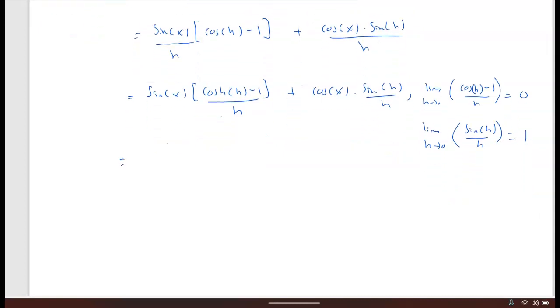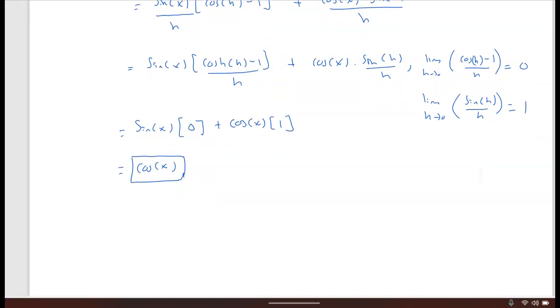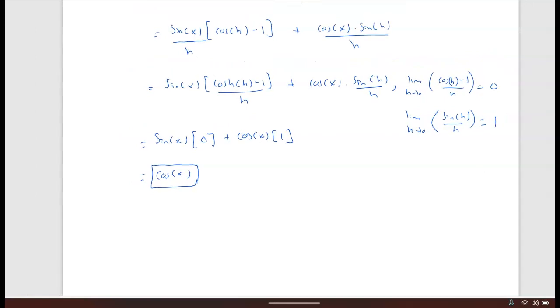Using those two, we have sine of x times 0 plus cosine of x times 1, and this expression just gives us cosine of x. This is going to be our rate of change: f of x plus h minus f of x divided by h is equal to cosine of x.